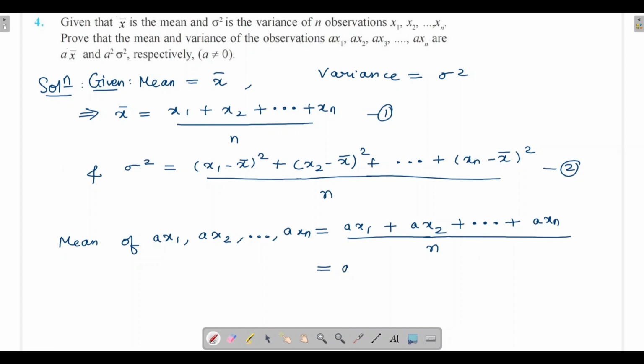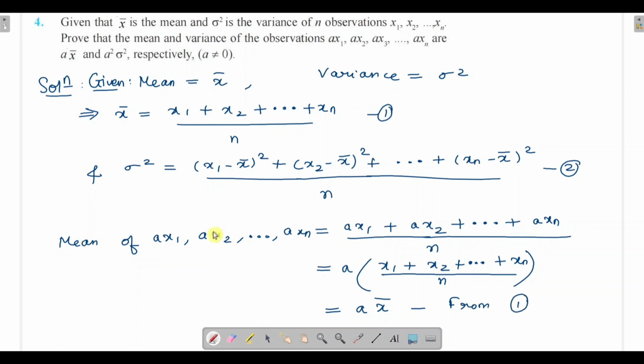So if we take a common, what we will get is x1 plus x2 up to xn divided by n. Okay, so this is nothing but a times, this is from 1, x bar. So mean of ax1 up to axn is nothing but a x bar. So that answers the one part of the question.